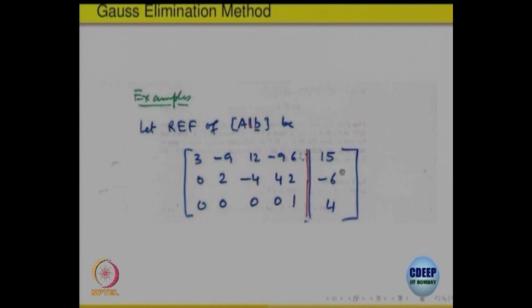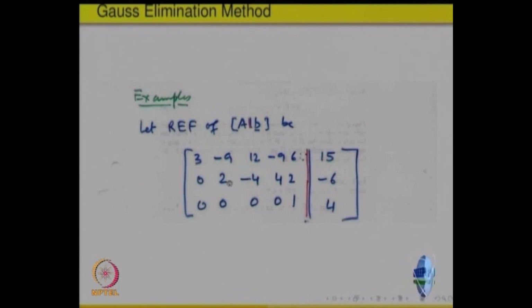So, 8 I can shift to the other side, I will get a relation between x 2, x 3 and x 4. X 3 and x 4 are now given arbitrary values. So, x 2 is determined in terms of those arbitrary values, by shifting to the right hand side, right.